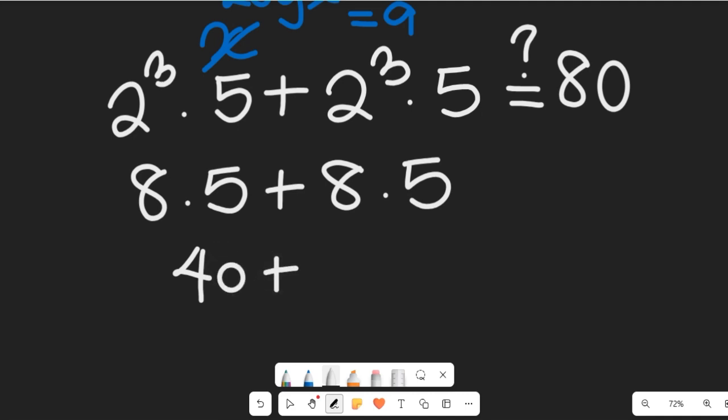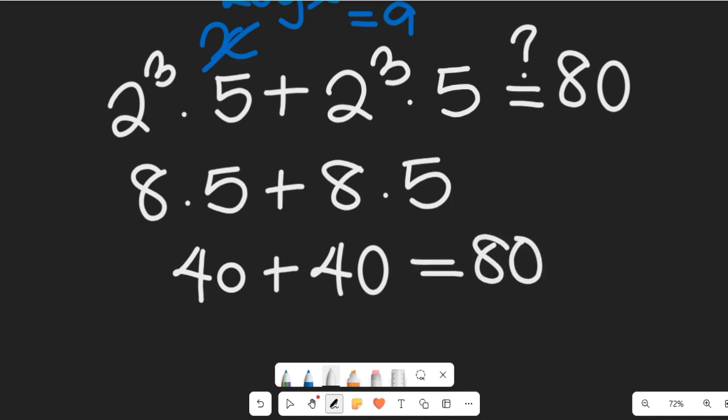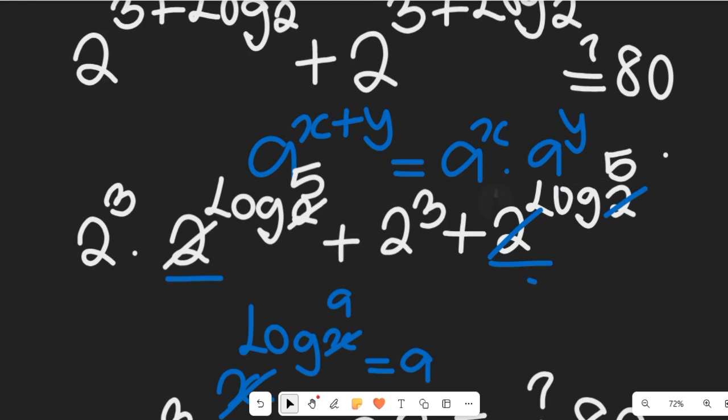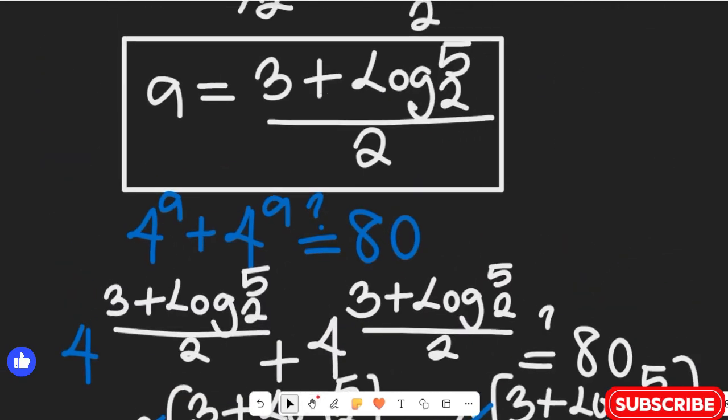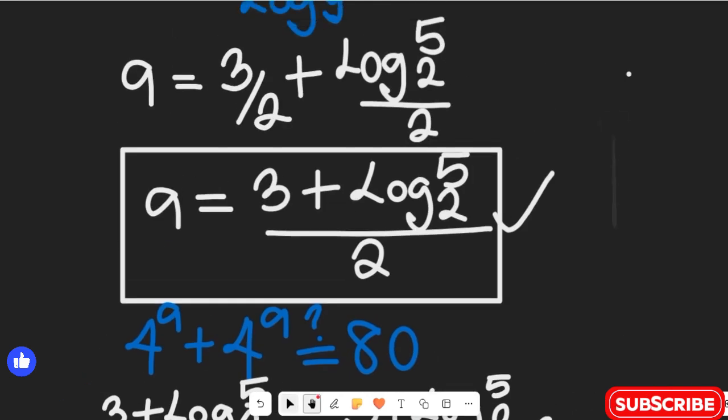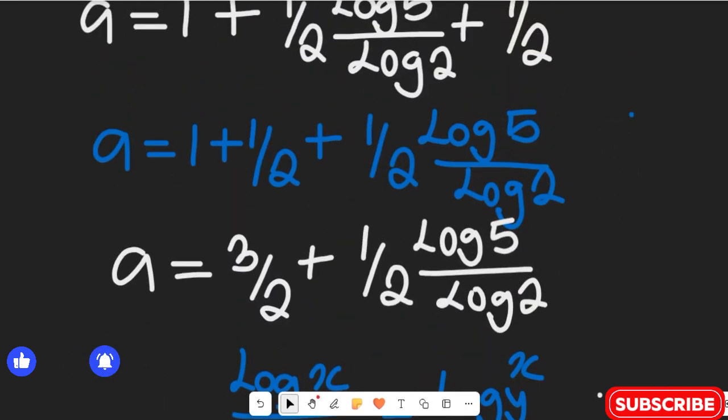And we'll have 40 plus 40. That will be equal to 80. So this shows that the solution A equal to 3 plus log of 5 base 2 divided by 2 is the correct solution to that expression given to us up there.